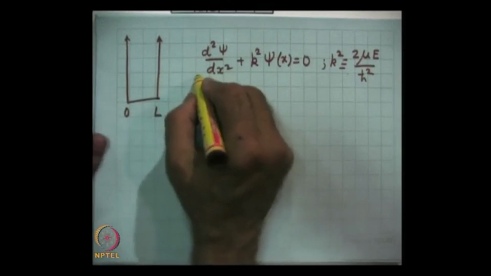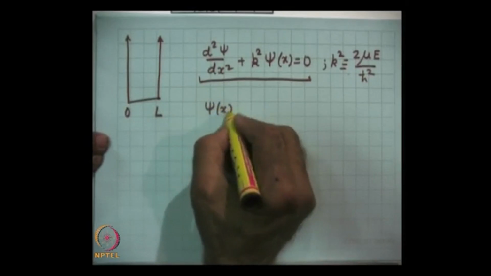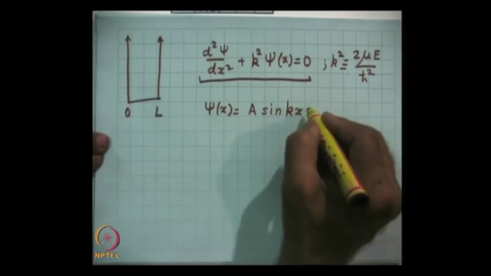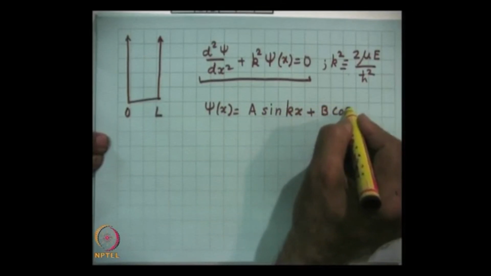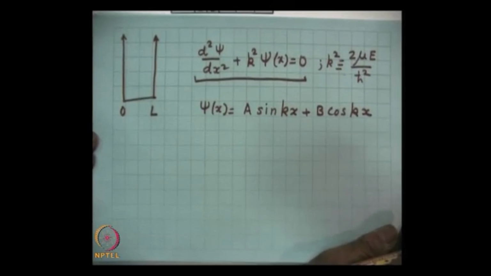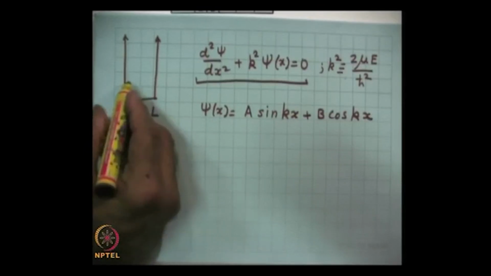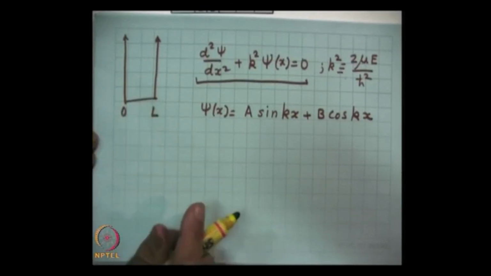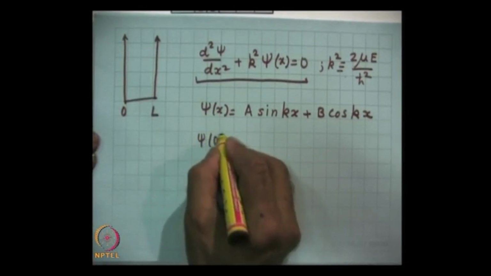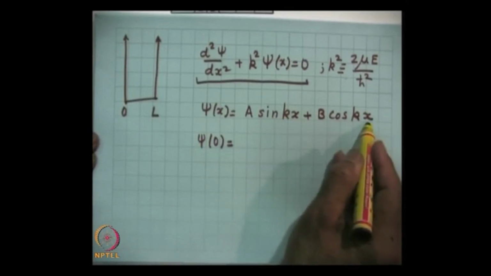The solution of this equation is very simple, as you all know: psi of x is equal to a sin k x plus b cos k x. Now, the wave function has to vanish at x equal to 0, because the particle cannot tunnel, cannot go outside the well. So, psi of 0: sin of 0 is 0, cos of 0 is 1.